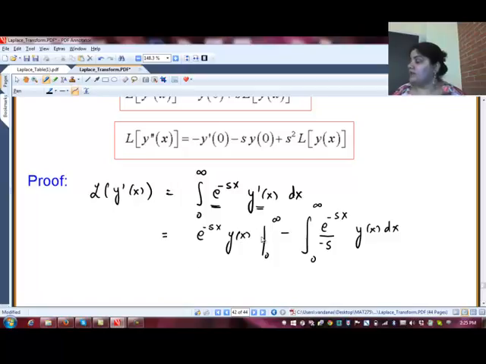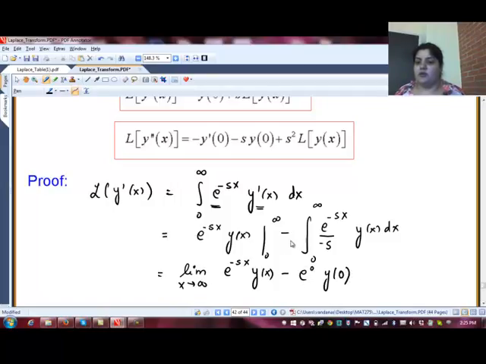You should not write this, even though I have written like this. You should write like this: e to the power minus sx yx, minus, place a 0, minus minus plus 0 to infinity e to the power minus sx over s yx dx.